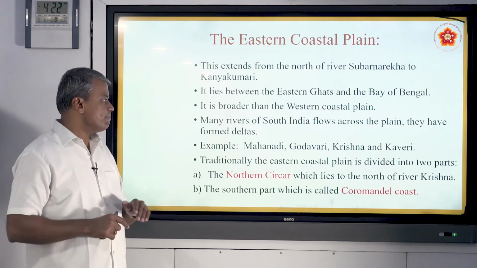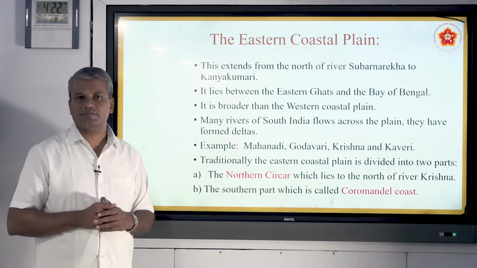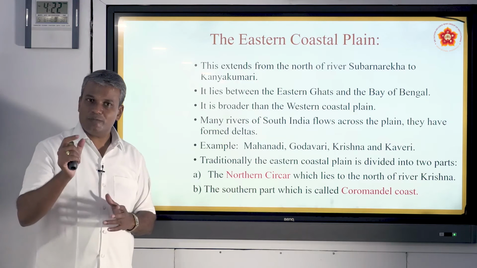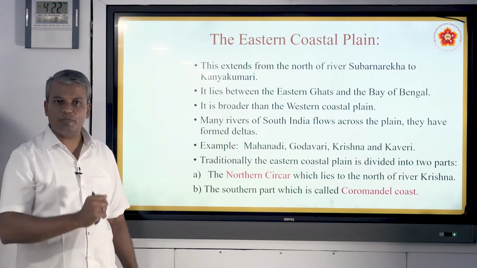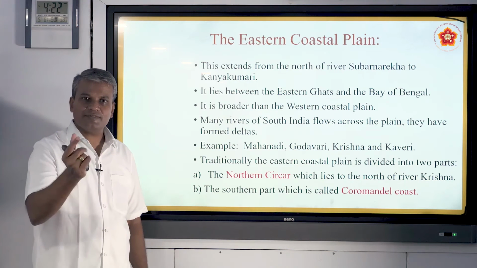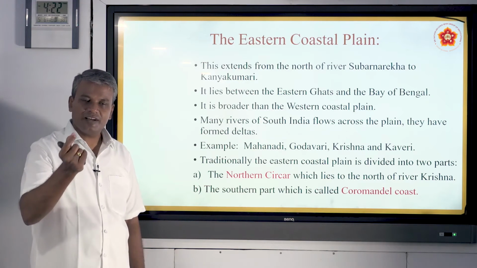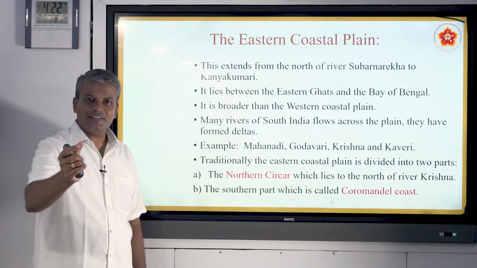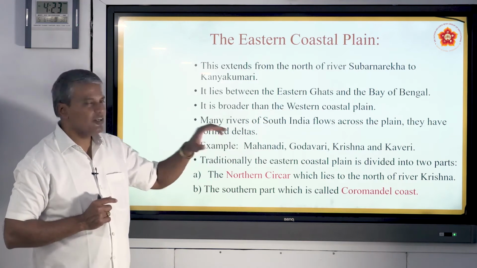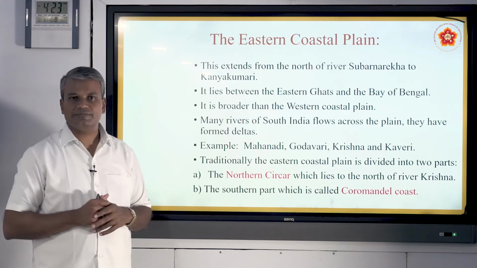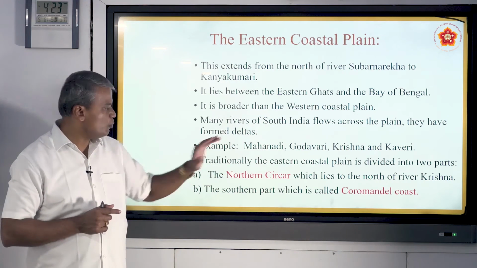So traditionally the eastern coastal plain is divided into two parts. Western coastal plain is divided into three parts. Which are the three parts of the western coastal plain? One is Konkan coast, second one Kannada coast, third one Malabar coast. In the same way, eastern coastal plain is also divided into two parts.